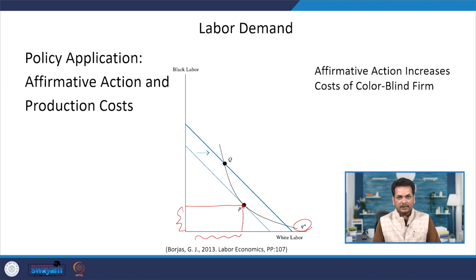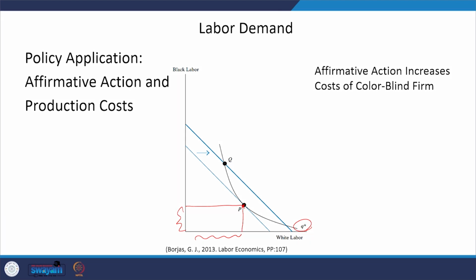So, if this is the case and we are going to have an affirmative policy action which is more in favor of the black workers, what is going to happen? Suppose the government again mandates that the farm hire relatively more black workers, and this policy forces the farm to move from point P to point Q. Point P is the cost-minimizing solution.